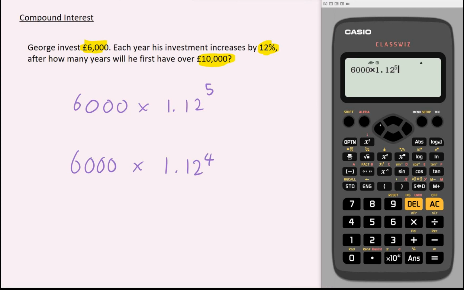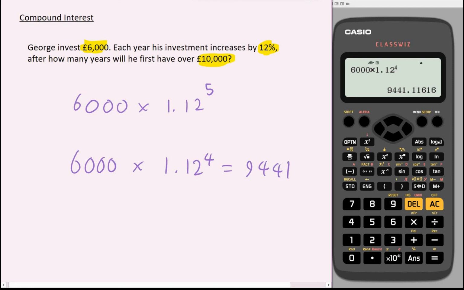So I can change this. Changing it for 4 years, I've only got £9,441. So the first year where we had too much was 5 years, where he got £10,574 and 5 pence. So all you do with these questions is just trial and error. Just keep changing this power until it works.